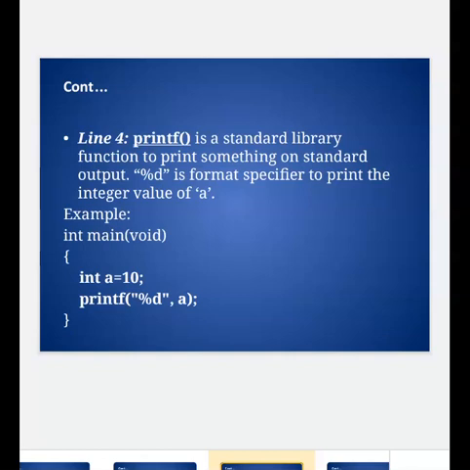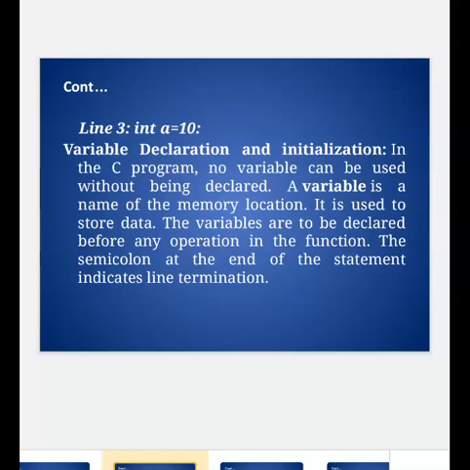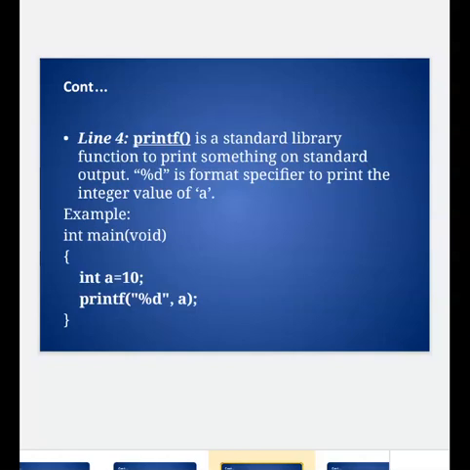And the fourth line is the printf function, which is a standard library function declared and defined in the stdio.h header file. And %d is the format specifier to print the integer value of a. So a simple 3-line program is given here. int main, within brackets void is given.